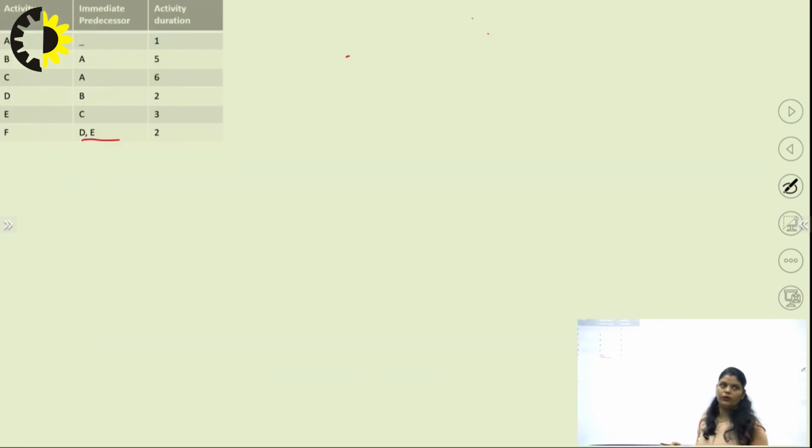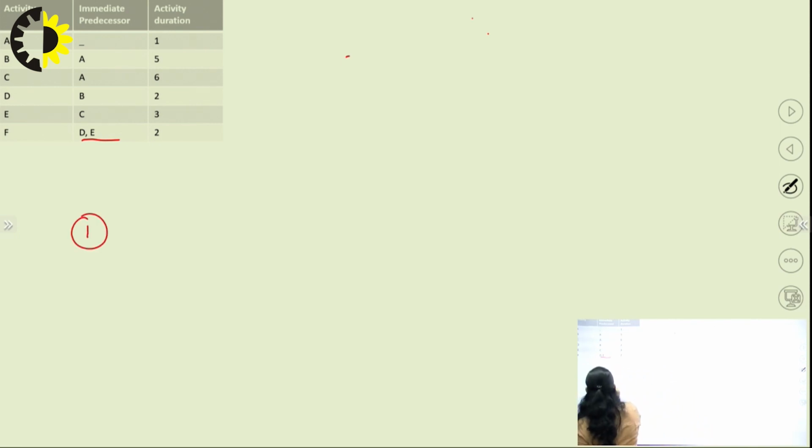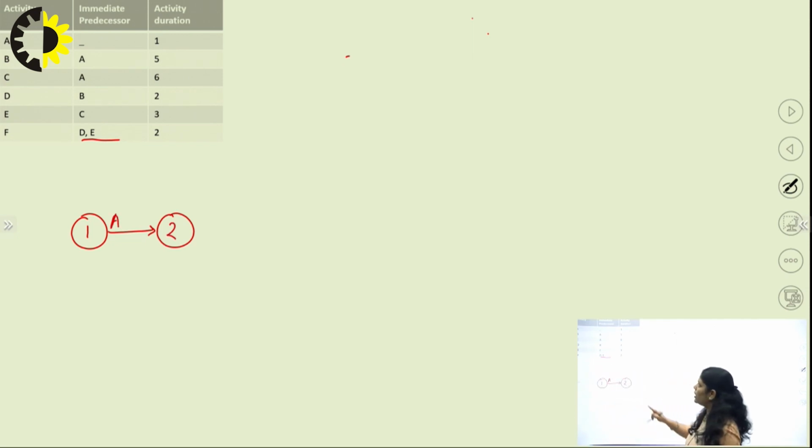For our reference, I have taken the table here, and we can see the activities, immediate predecessors, and activity durations. First we have to draw the network diagram. So how will we draw it? The first one is activity A. We can take the help of notes here and show it as activity A. Now we write down the duration with the activity.